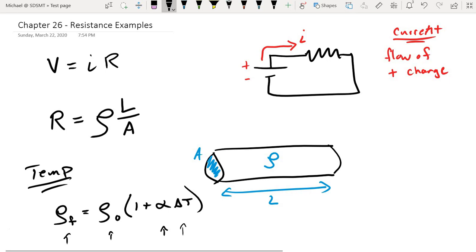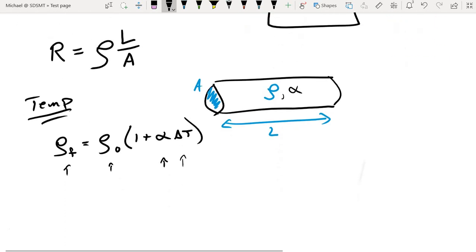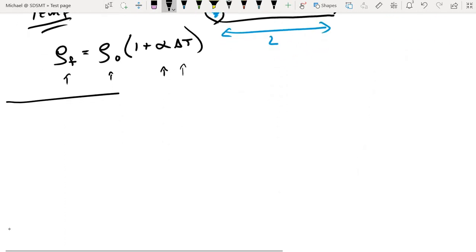Just as rho is unique to the material itself, alpha is also going to be unique to that material. So that's the review from the last video. We now want to take some of this information and apply it to some problems.